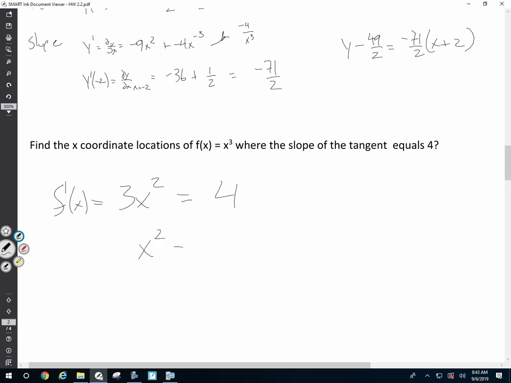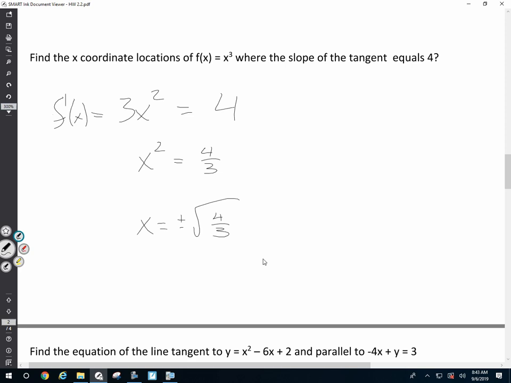We have the power of equations to find when things will produce certain values. We get x equals plus or minus the square root of 4/3. So I am telling you that at positive root 4/3 and at negative root 4/3, you will have a tangent slope at x cubed that equals 4.